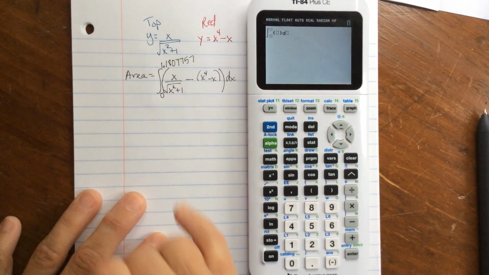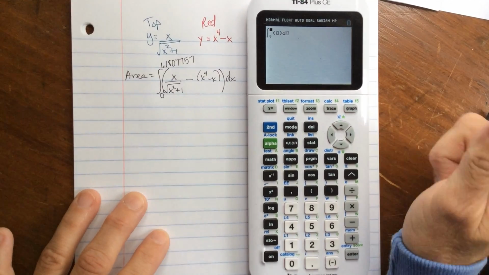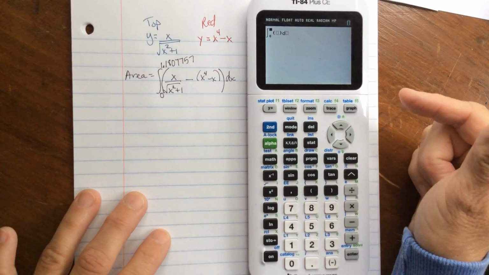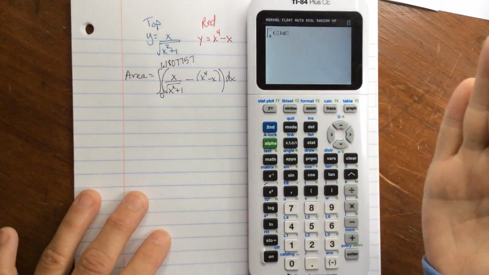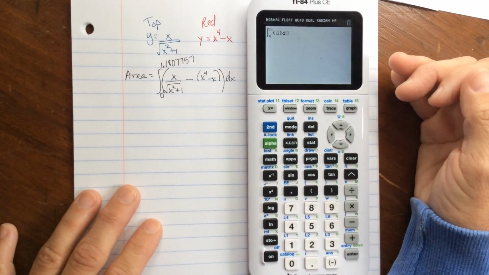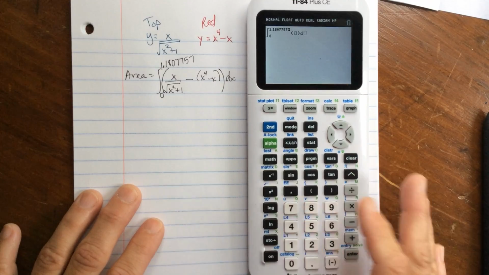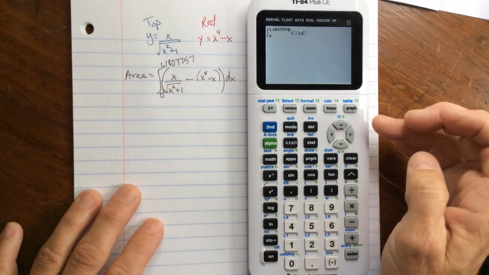My lower bound is 0. My upper bound, please do not round your number here. Never round your answers or chop them off in the middle of the problem. Save that always till last. So I'm going to type in 1.1807757. I'm putting all of it in there.